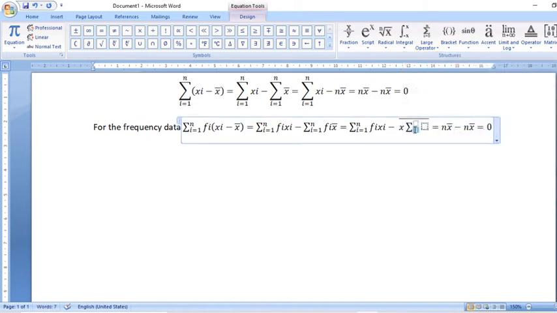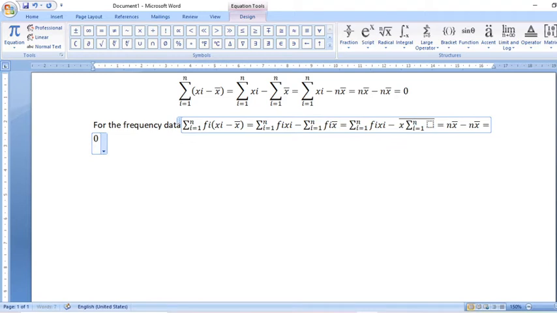So what is summation i from 1 to n of fi xi?